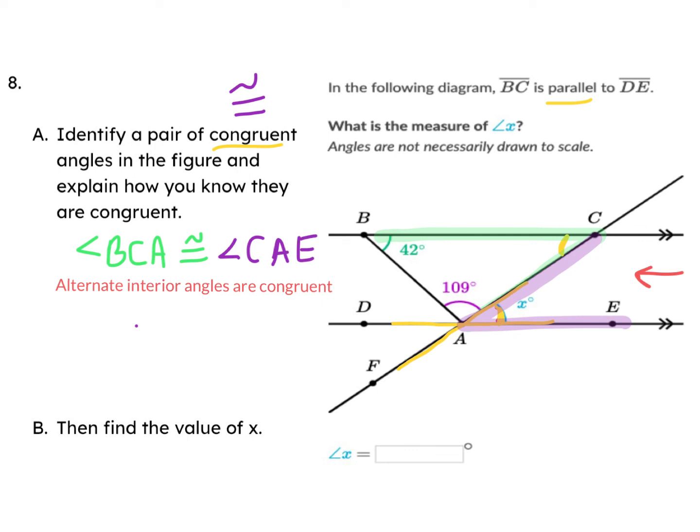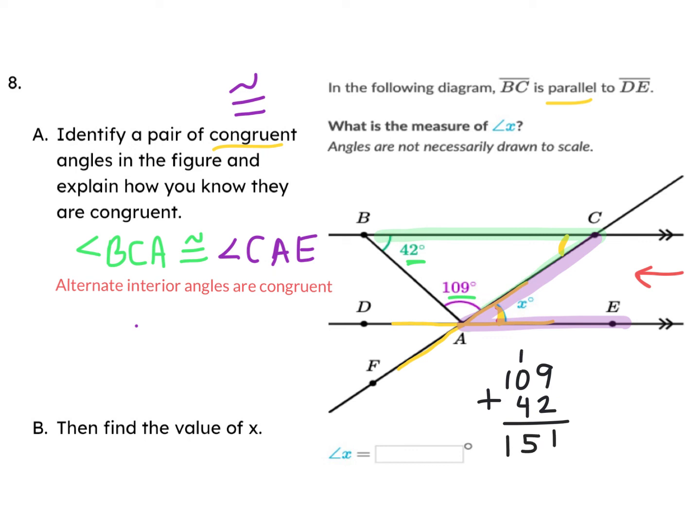Now, step 2 is to find the value of X. So, do you see the triangle that is inside there? We have 42, 109, and this unknown measure. So we're going to have to do that math. 109 plus 42. We're going to add that up and subtract from 180 to get that missing angle measure.